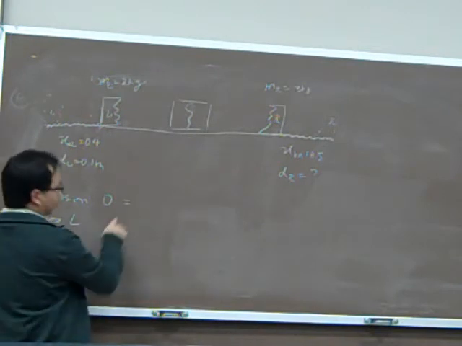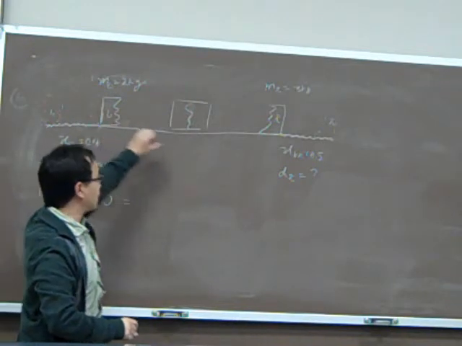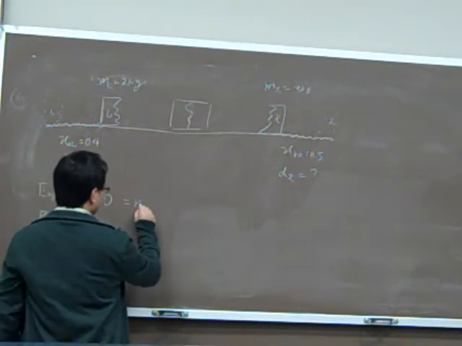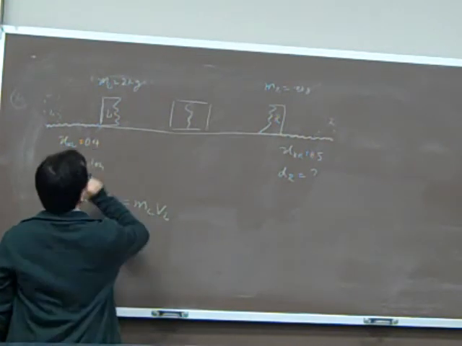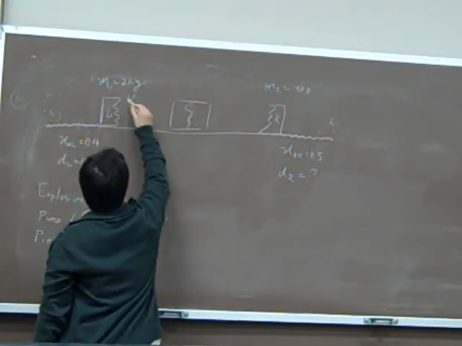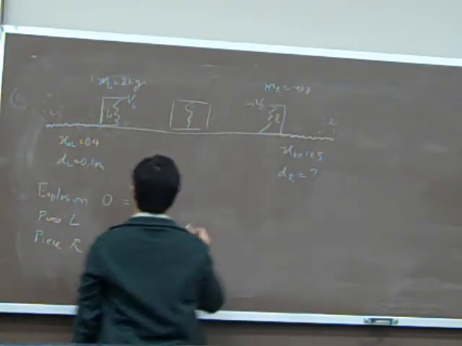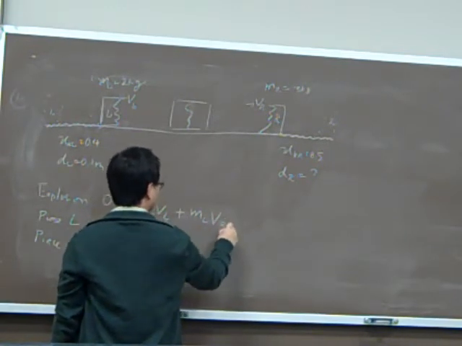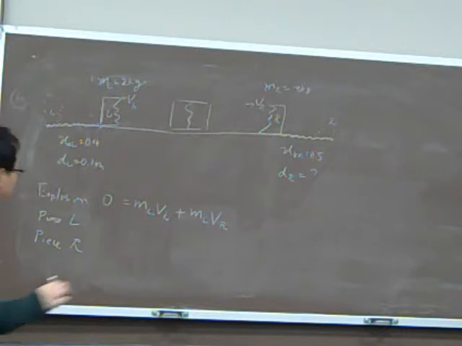So the final momentum is the momentum of the left piece plus the momentum of the right piece: ML VL plus MR VR.